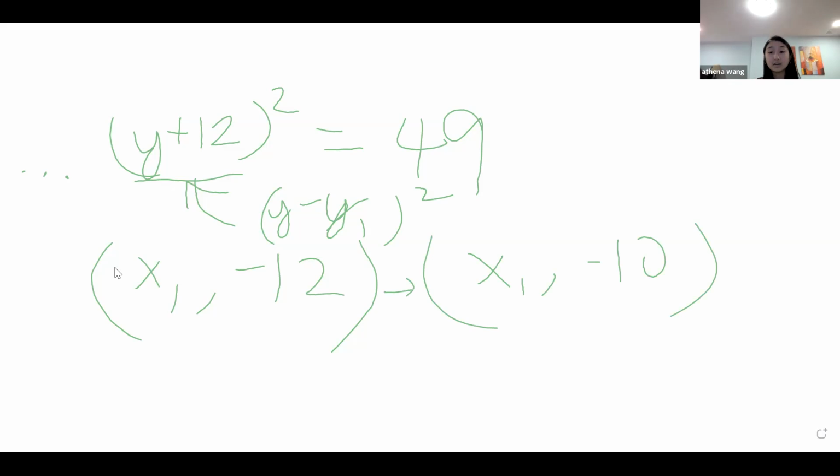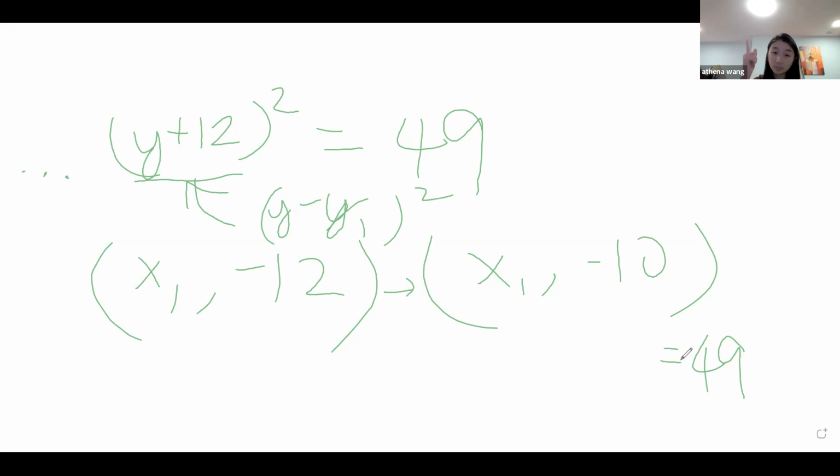Okay, and so now we can construct our new circle equation based on what we know now. The radius stayed the same, so we're going to have something equals 49. Our x part also stayed the same because all of them still lie on the same line.